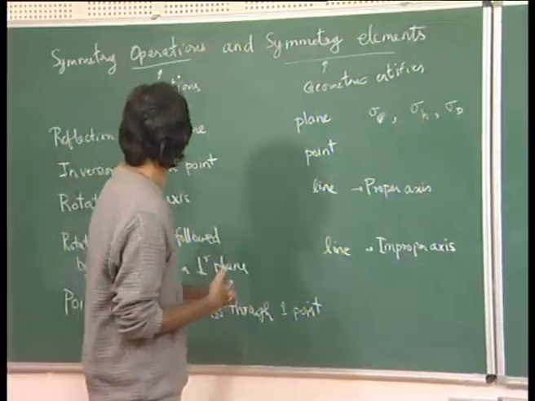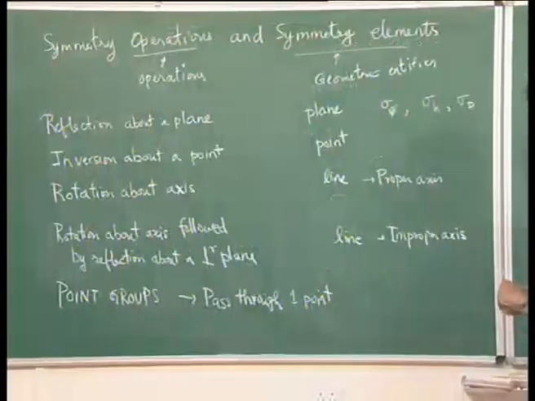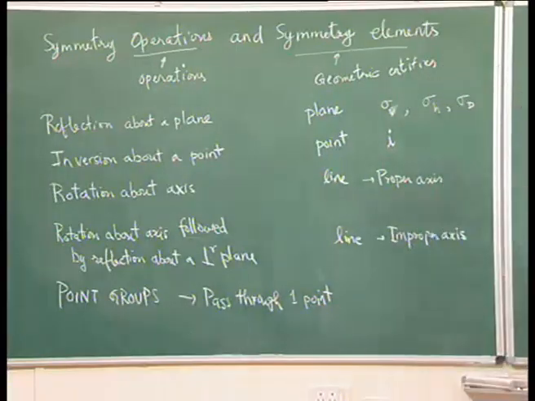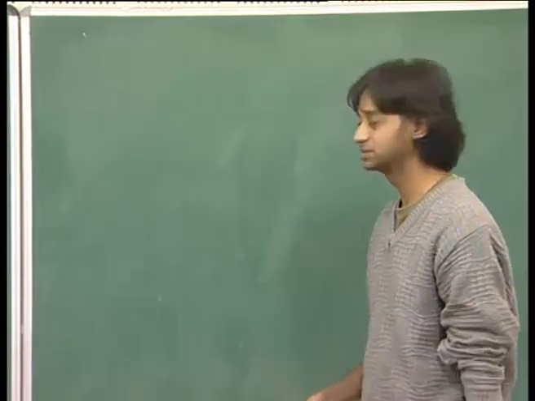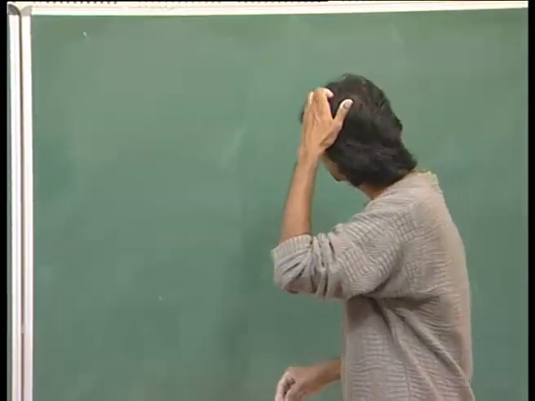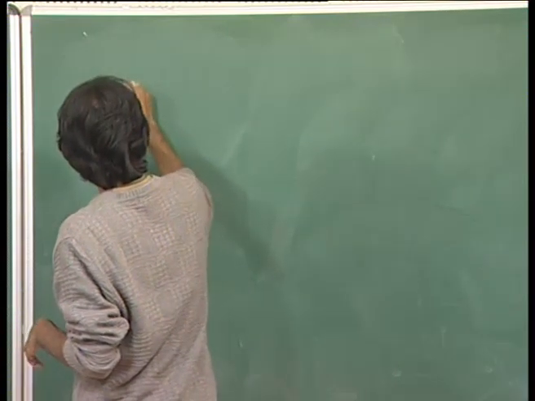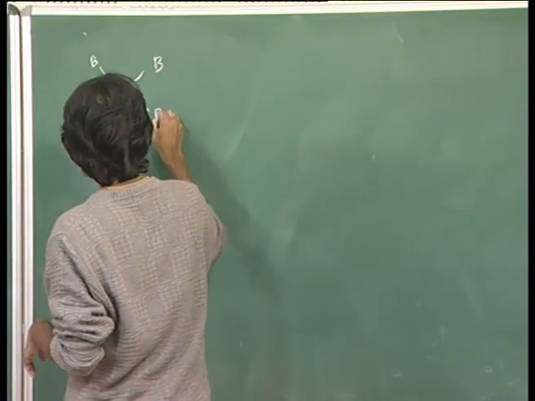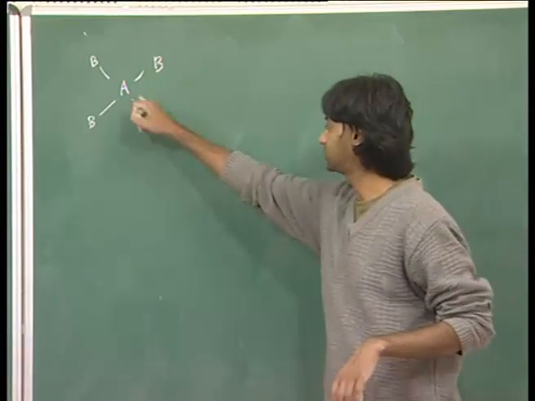So next, let's talk about the next operation, which is inversion about a point. The symbol used for this is i. There are some molecules that have a point about which you can do an inversion. One example is a planar molecule of this form, AB4. This is the point of inversion.